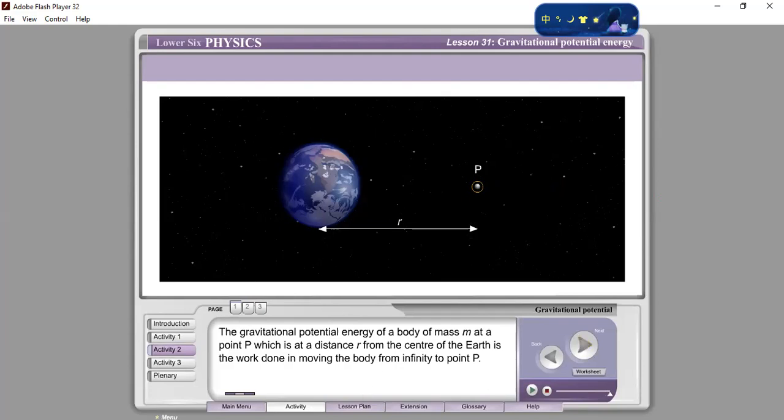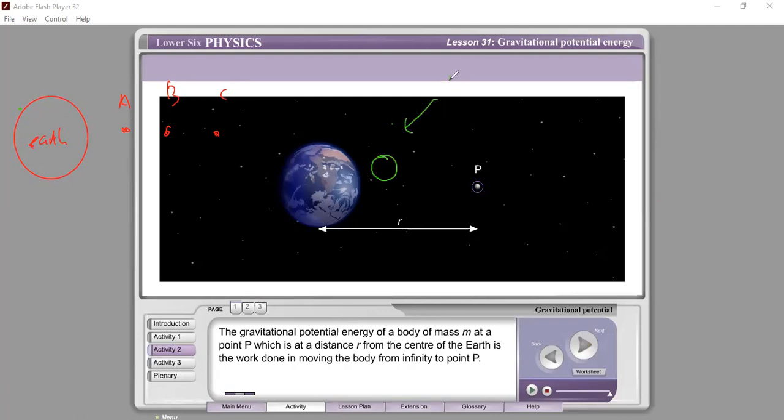Back to the example just now. This is the Earth. Now this is point A, point B, and point C. To move the object, now this object is not 1 kg anymore, but any mass.